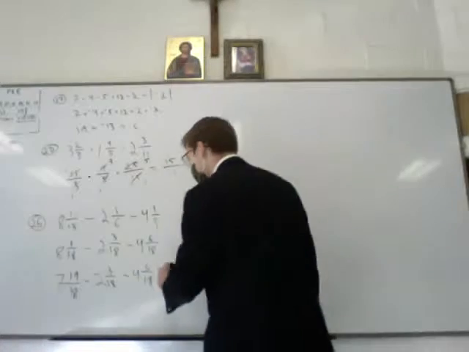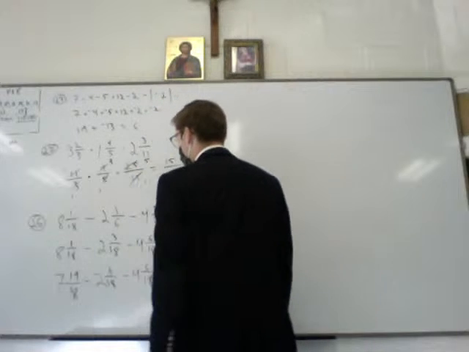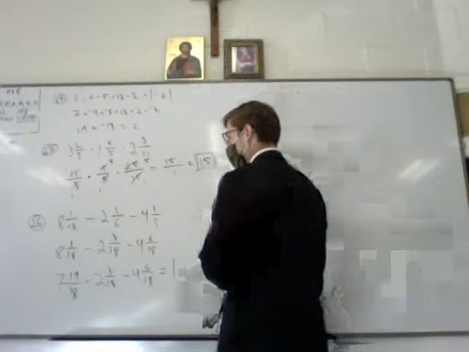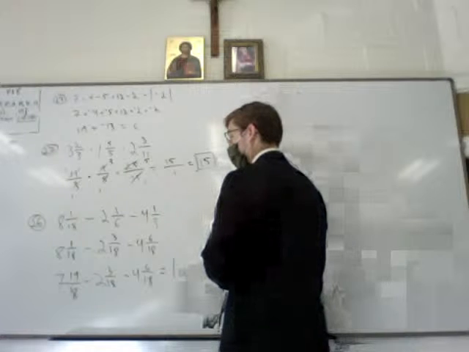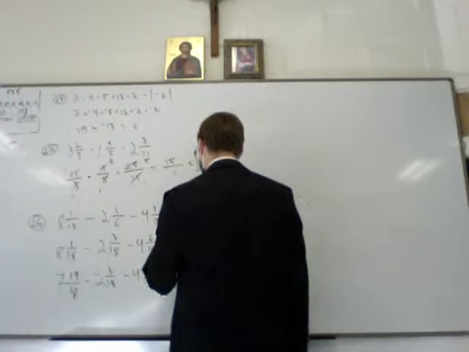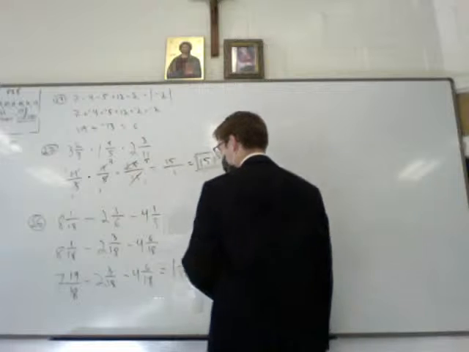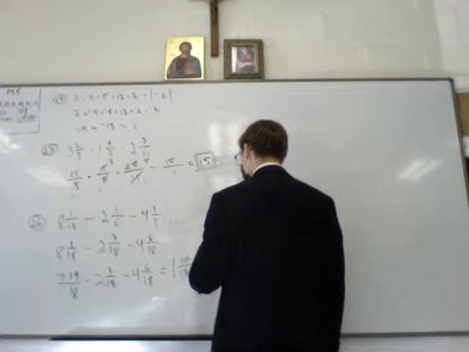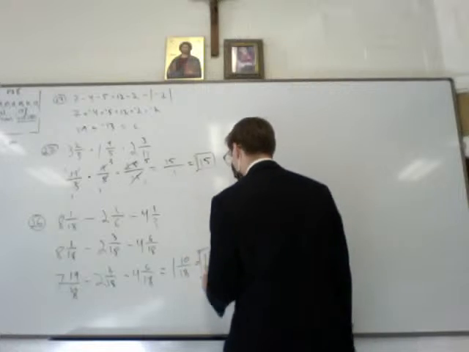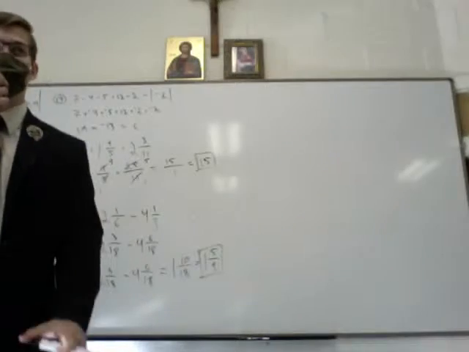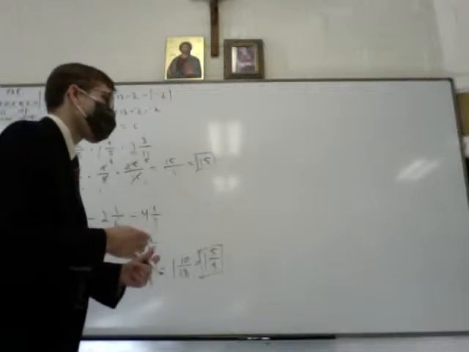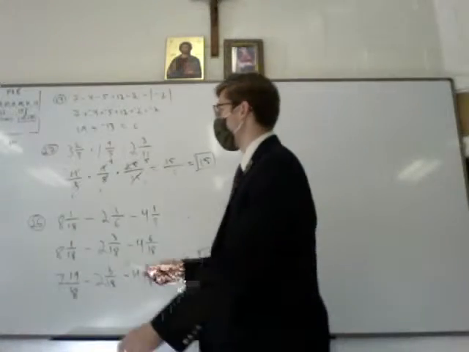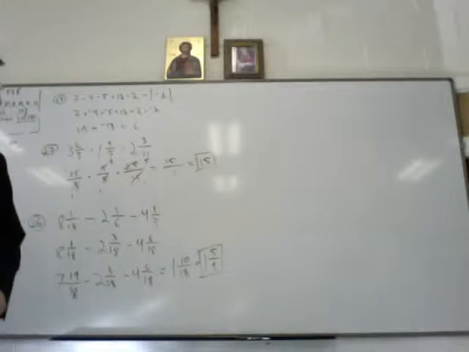1. 19 over 18 minus 3 over 18 minus 6 over 18 gives us 10. 1 and 10 over 18. Can we simplify that? Yes. To what? 1 and 5 over 9. Yes, 1 and 5/9. There you go. So be careful when you're subtracting mixed numbers that sometimes you're going to need to borrow in order to not end up with a negative fraction with your positive whole number.